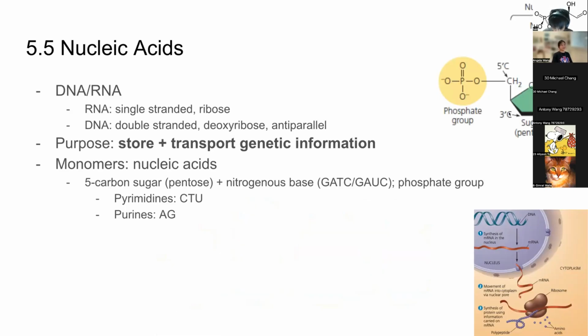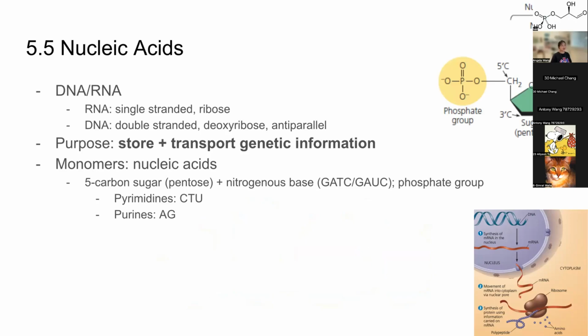Okay. Next is nucleic acids. So the two nucleic acids that I will be talking about right now are DNA, which is deoxyribonucleic acid, and RNA, which is ribonucleic acid. The difference between RNA and DNA is that RNA is single-stranded while DNA is usually double-stranded.